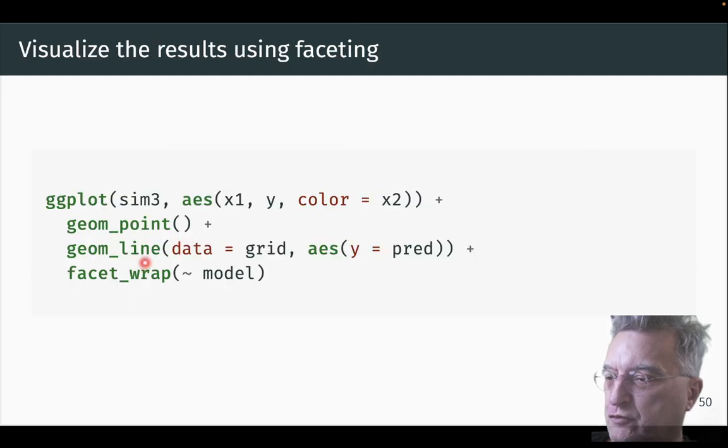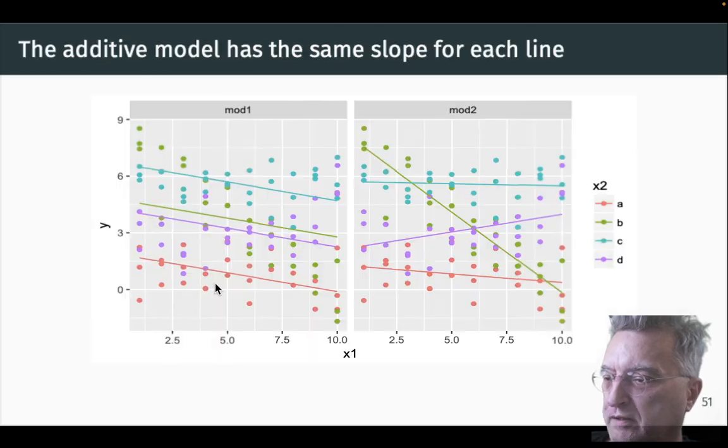And we can visualize the results with one facet per model. So there are two models here, the additive model and the interaction model. The additive model and the multiplicative model differ here because the additive model has the same slope for each line, whereas the multiplicative model has potentially, not always, but potentially, and in this case definitely, has a different slope for each line.